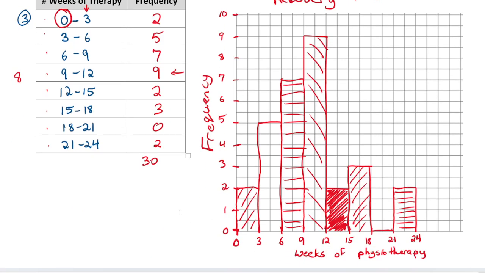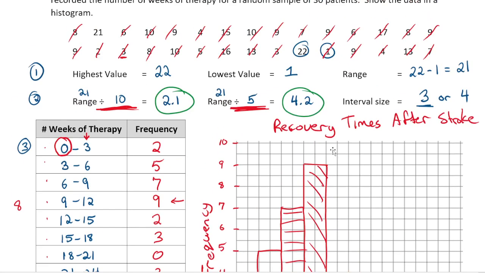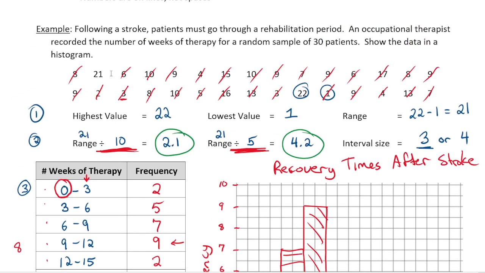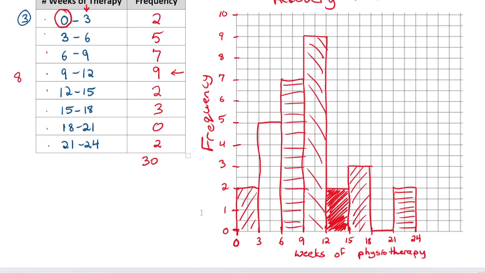And hopefully you can see how much more meaningful this graph is than just this list of 30 numbers. If somebody asked me what's important, what's meaningful here, I get nothing, right? We could do mean, median, or mode to come up with a good estimate, and that would add a little bit of meaning, right? What's the average? But this is so much clearer.